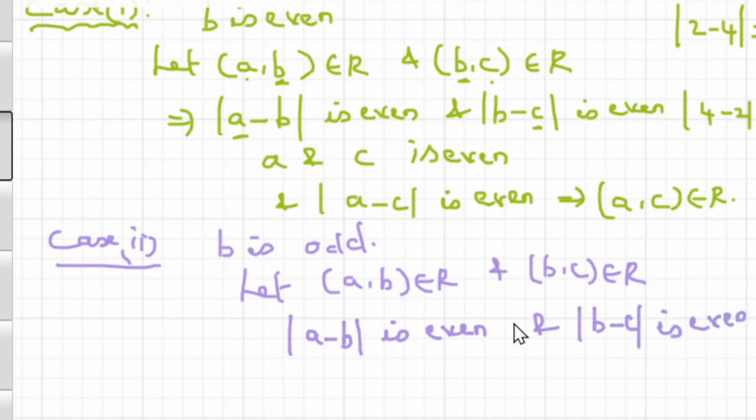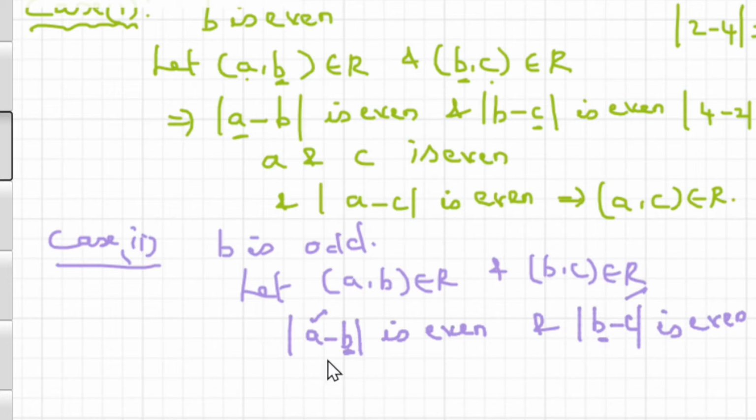That means we consider this B as odd. B is odd, so automatically A and C must be odd. If an odd number minus an odd number only, we will have the even.